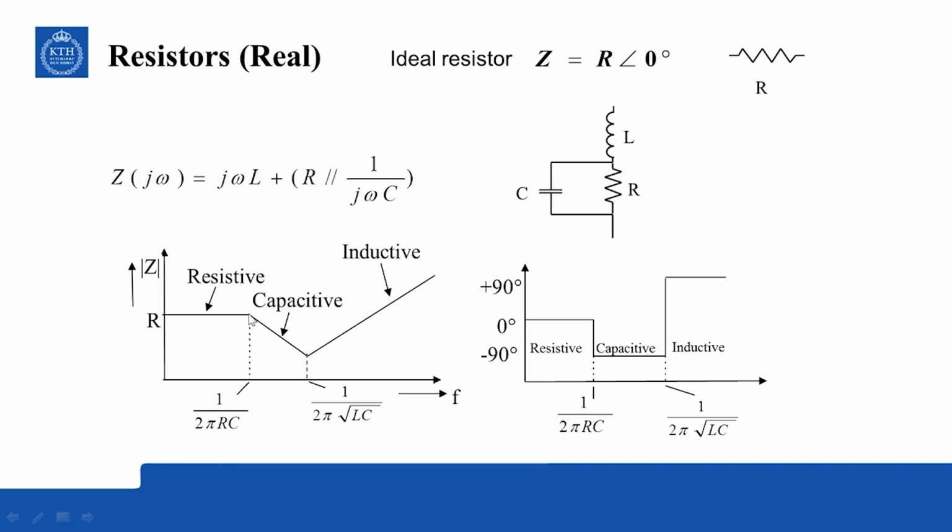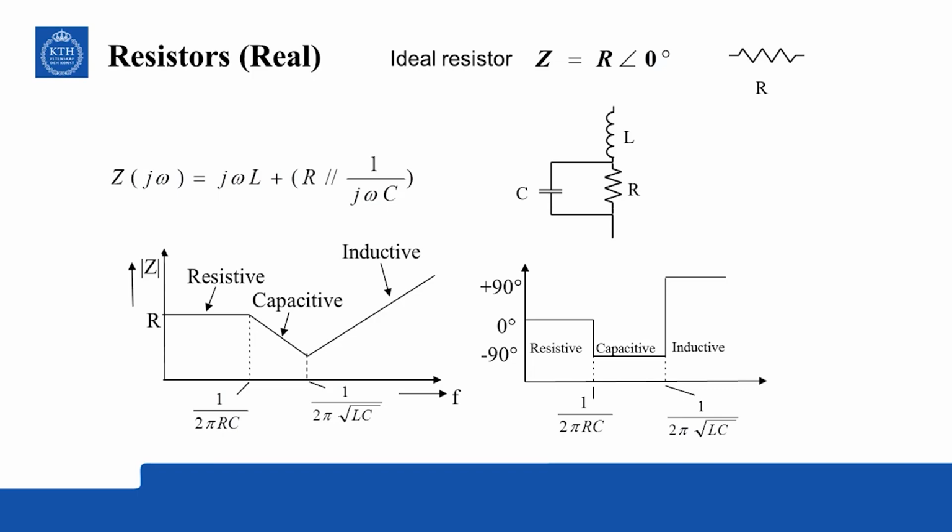So at this point both of them become equal, R equals 1 by omega C. That frequency corresponds to 1 by 2 pi RC. Beyond that it becomes capacitive. So the resistor remains resistive only below this particular frequency of 1 by 2 pi RC. After that it becomes capacitive.